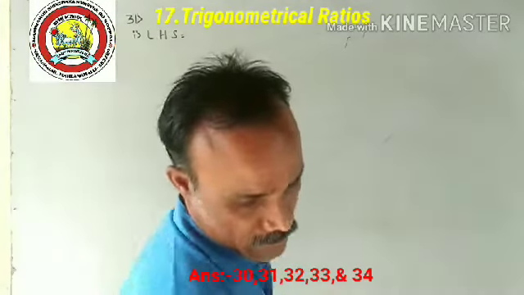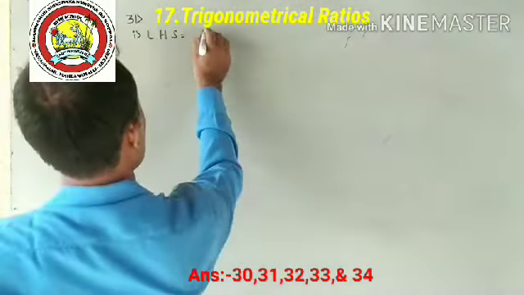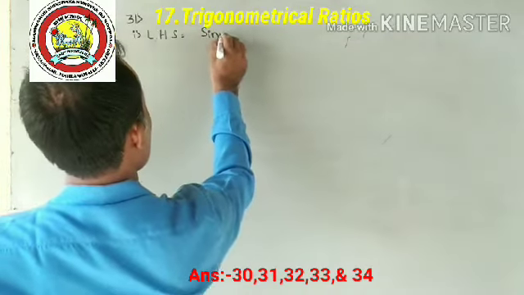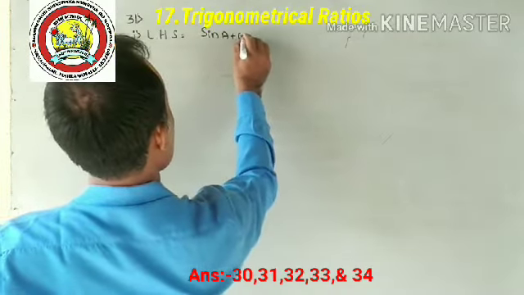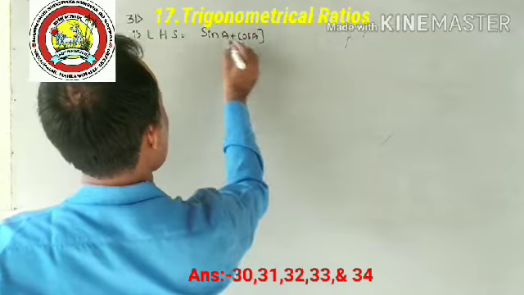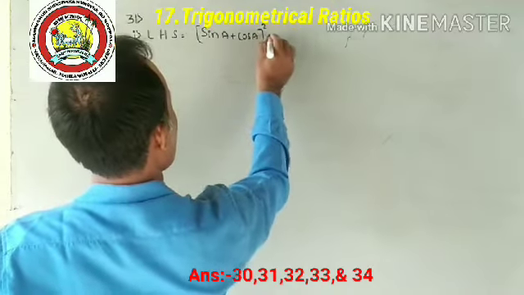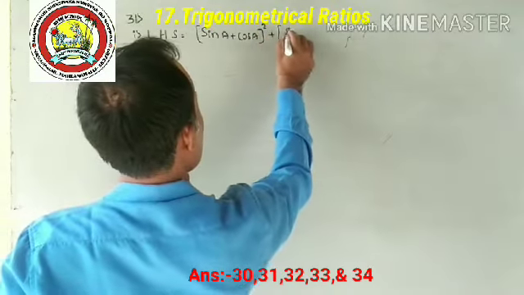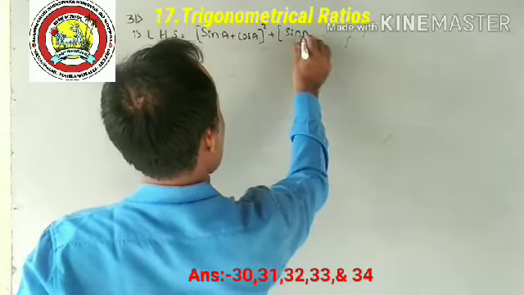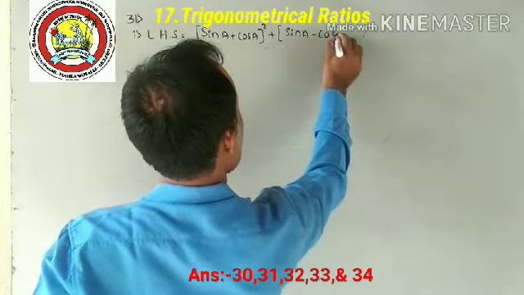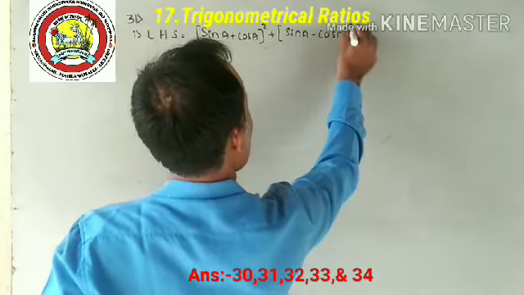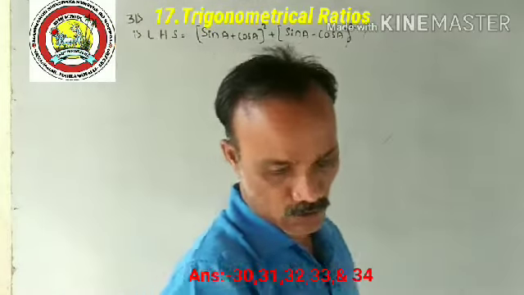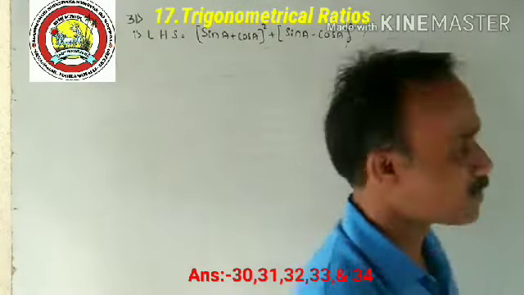Answer. Sin A plus cos A whole square plus sin A minus cos A whole square.